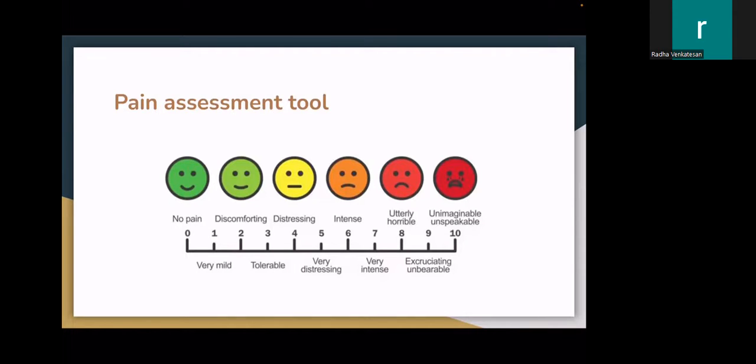Again here, assessing and reassessing. The first time they came, they scored their pain 8 or 9. We gave some medicine, taught them some techniques, how to manage their mood and their stress. Next time they come, they say, now it's only 4.